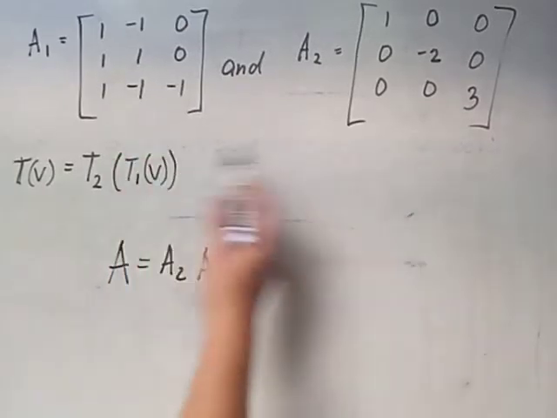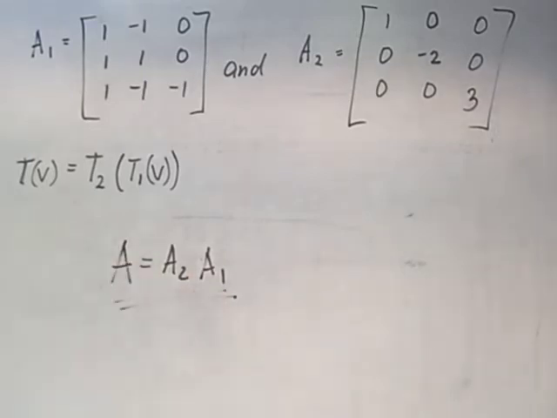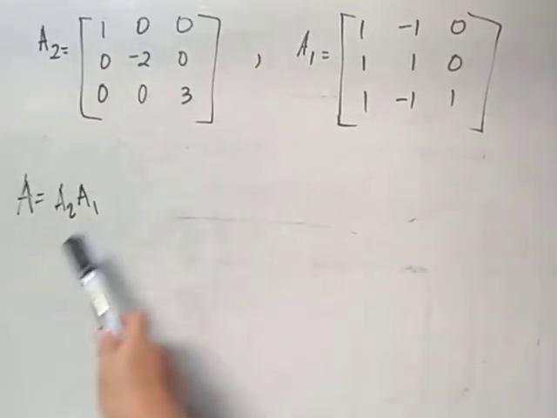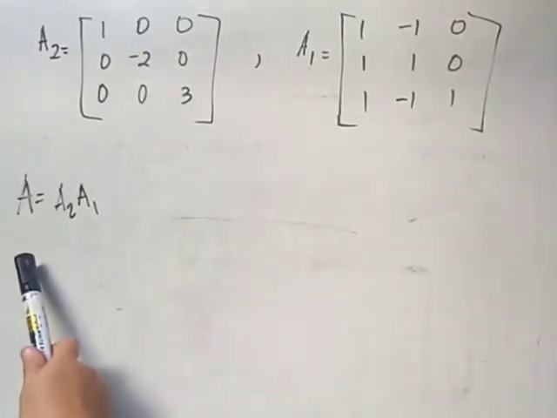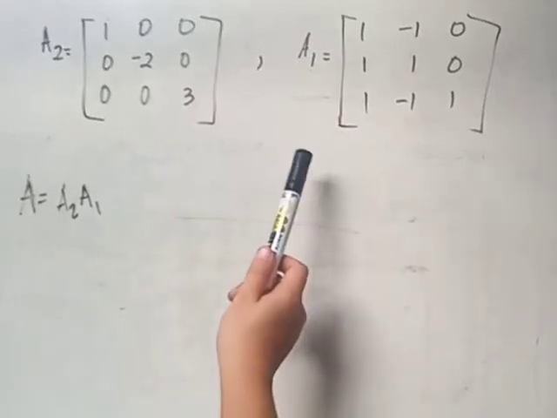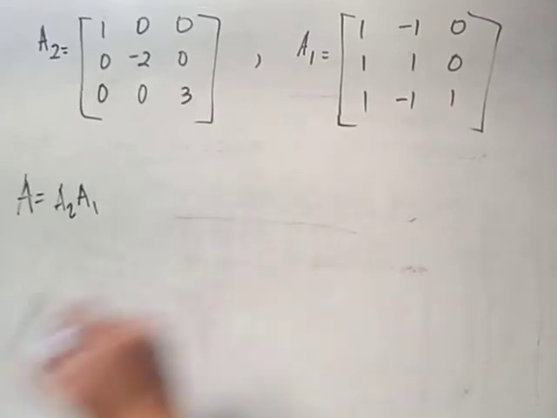So we will use these two matrices in finding the transformation. If these are the standard matrices and we're going to find the matrix A, which is the product of these two matrices, we're just going to multiply them.